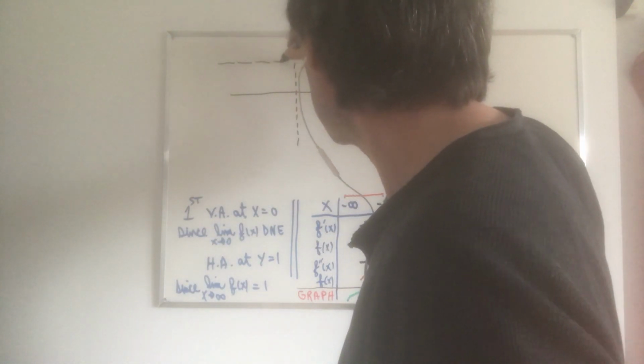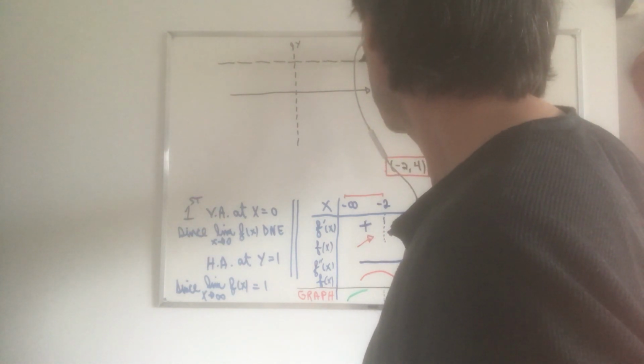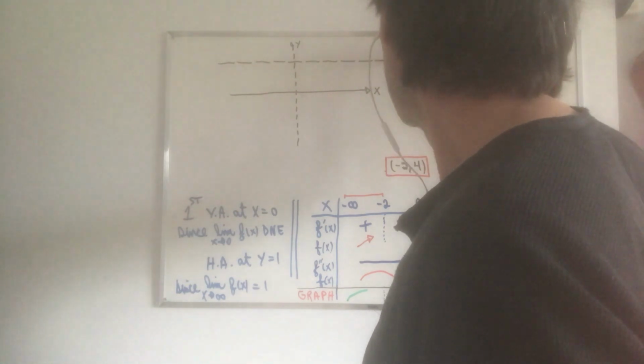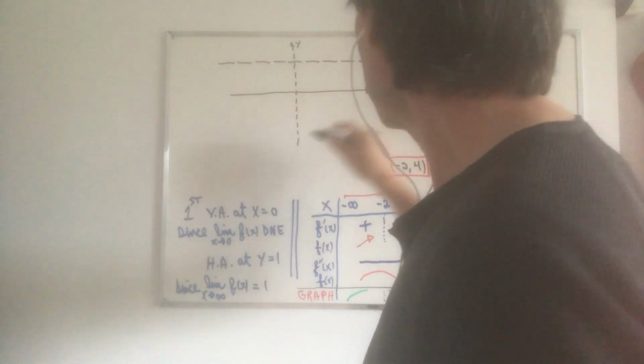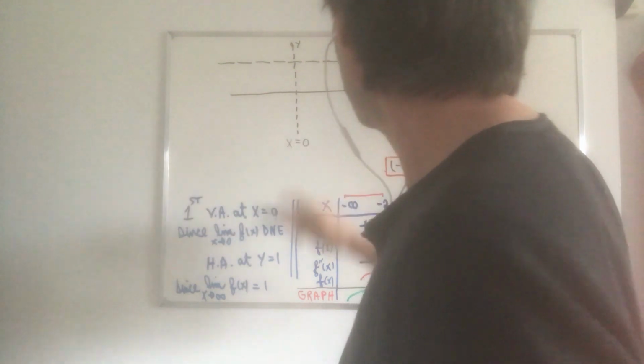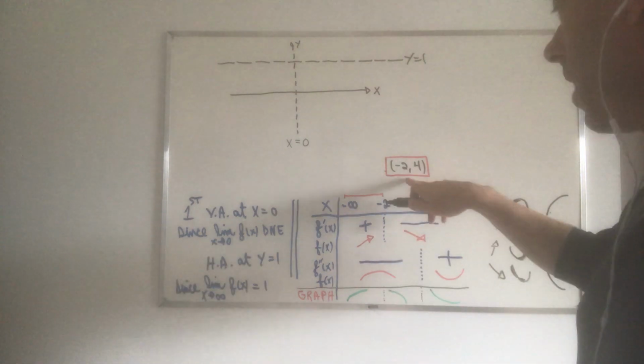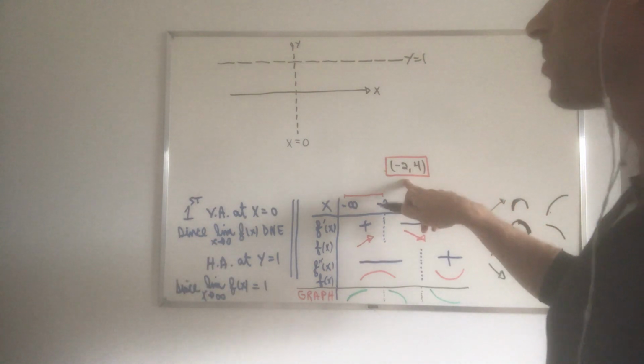I'll use longer dots just to differentiate the vertical from the horizontal. Y equals 1 and x equals 0. And now, I know the point minus 2, 4 is on my graph.